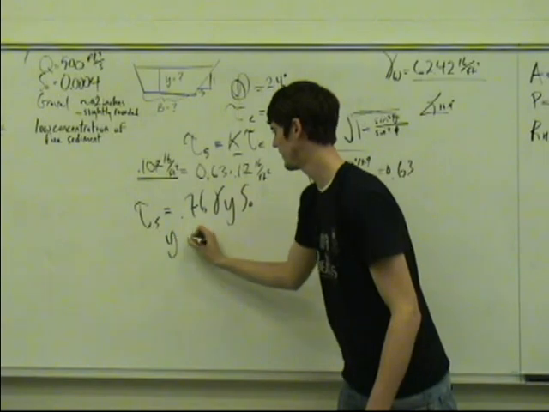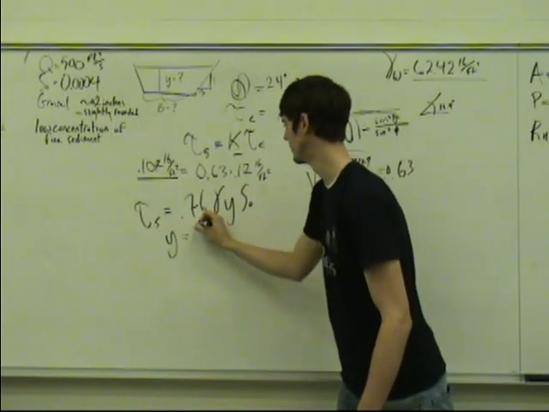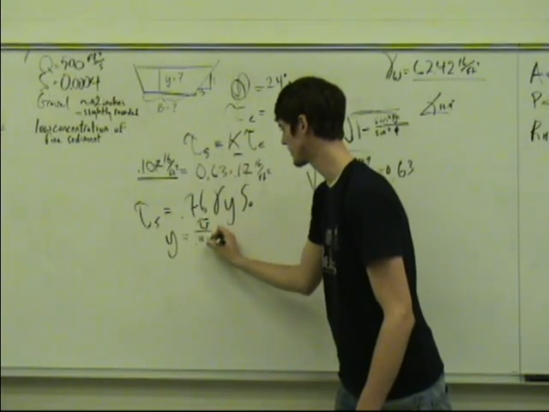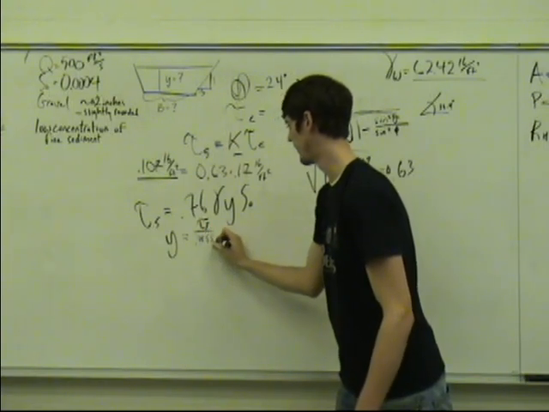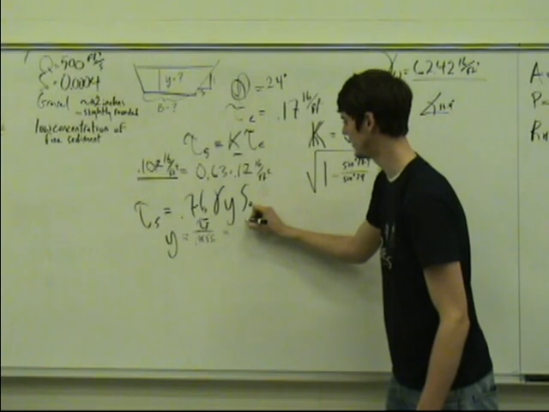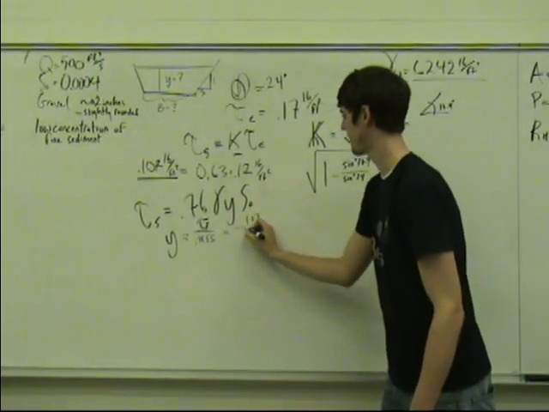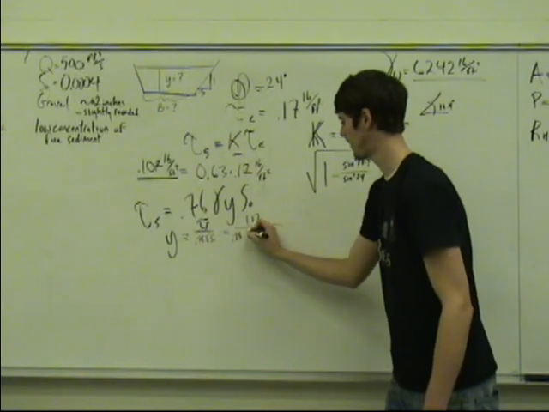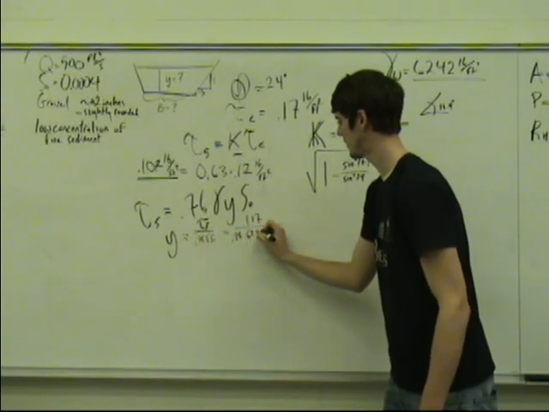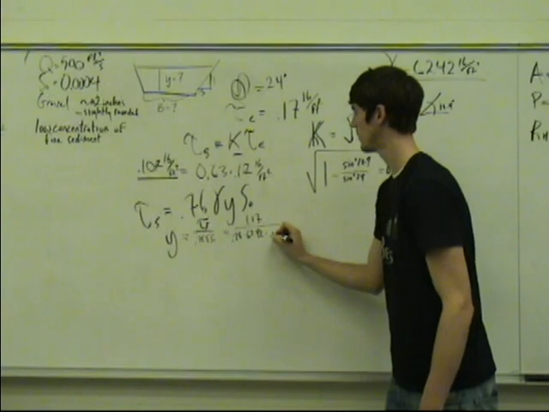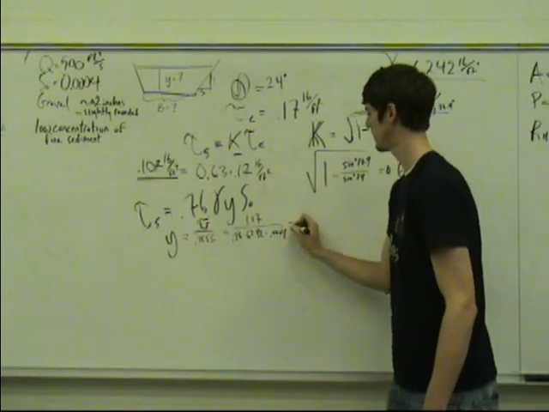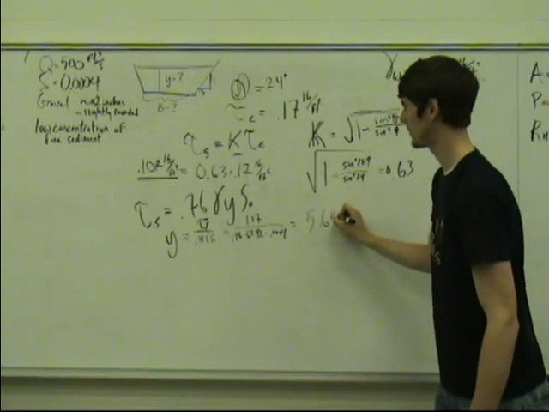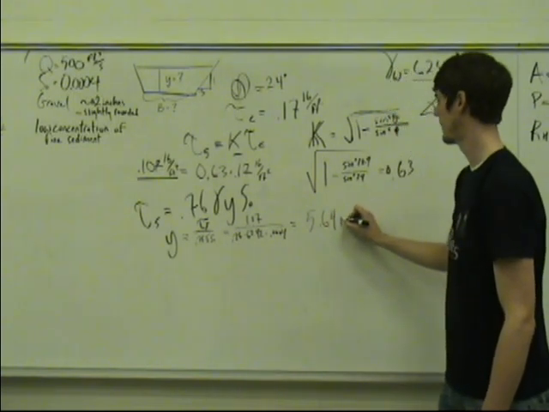Rearranging, y is equal to the shear stress on the sides divided by 0.76, divided by gamma, divided by S naught. Plugging in our values, we get the value for the depth of the water, and our final design depth is 5.64 feet.